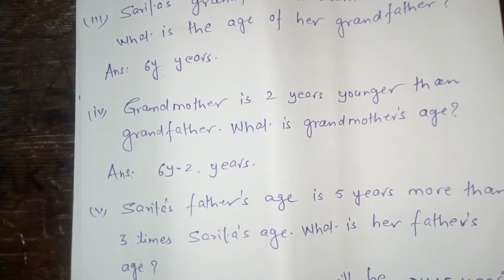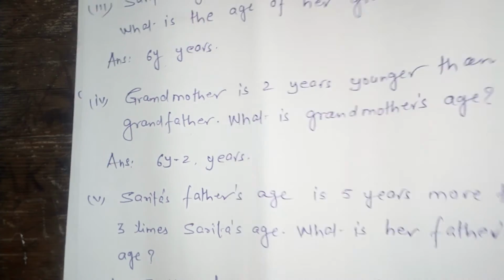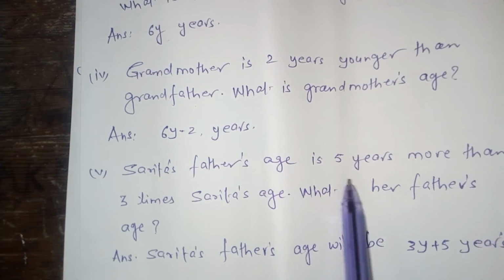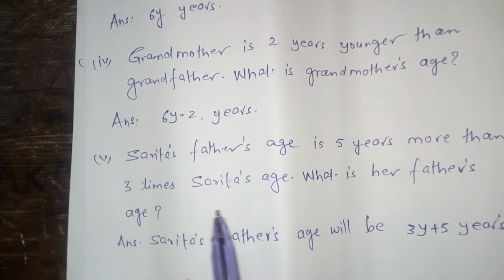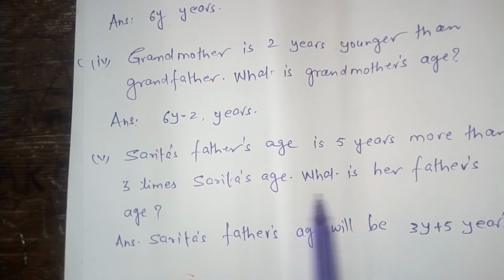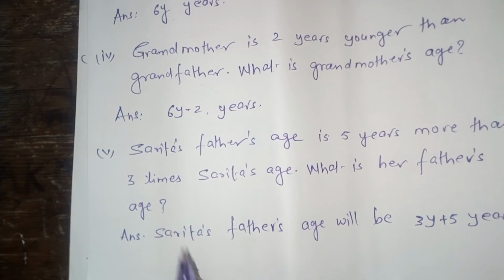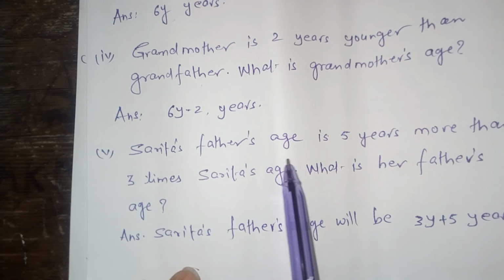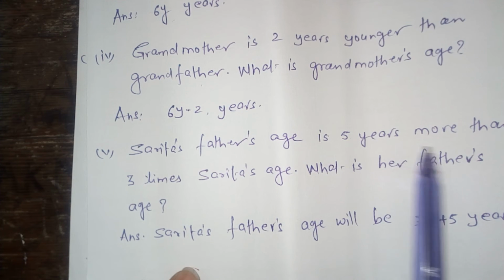Again your fifth statement is: Sarita's father's age is 5 years more than 3 times Sarita's age. What is her father's age? You know very well Sarita's present age is y years and her father's age is 5 years more than.